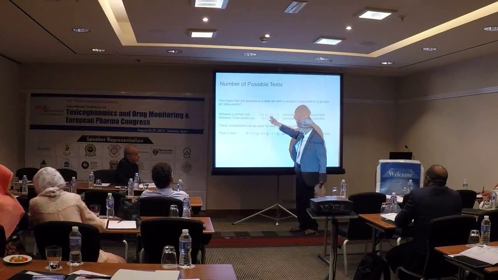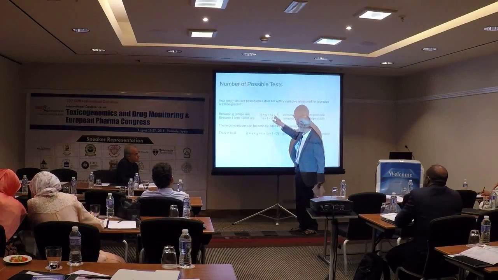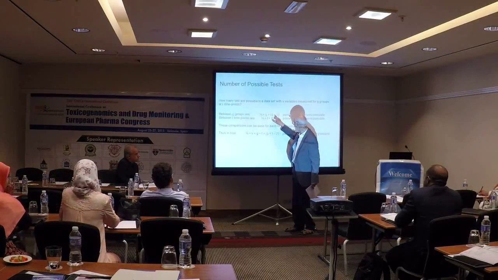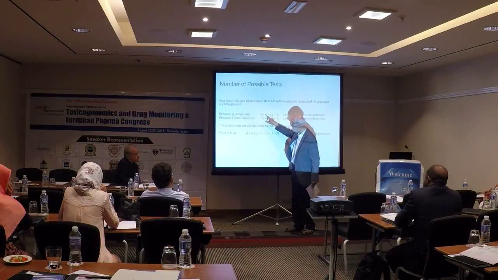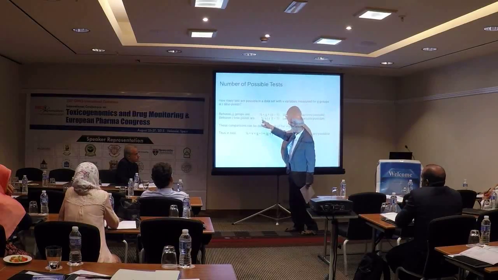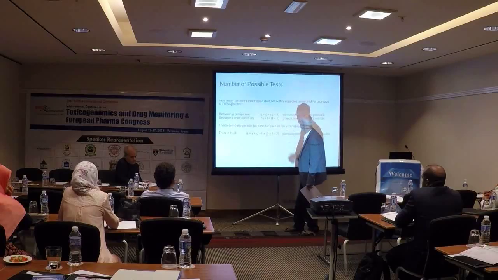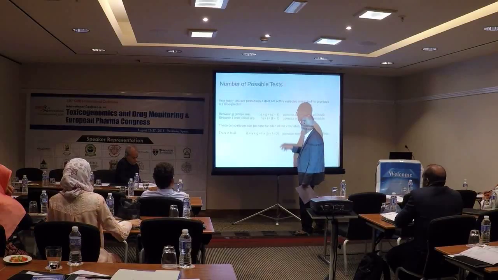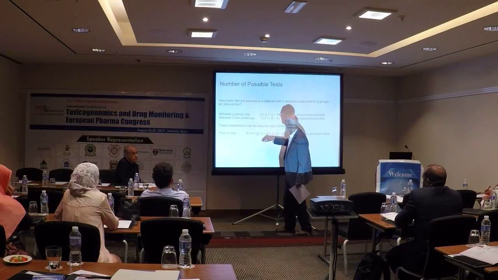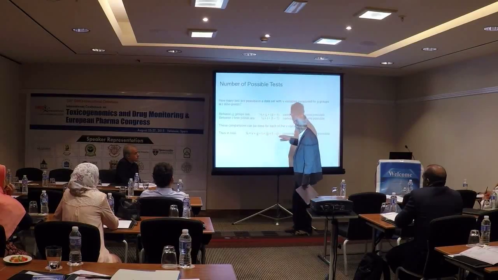If you have 3 groups, you can compare one against the other 2, and because the comparison of group A to group B and the comparison of group B to group A are the same, you have only half of this. The same is true for time points. If you have 4 time points, you can compare time point 1 with the 3 others and so on. And this can be done for each of the variables, and if you add up these and simplify a little bit, you get these formulas.